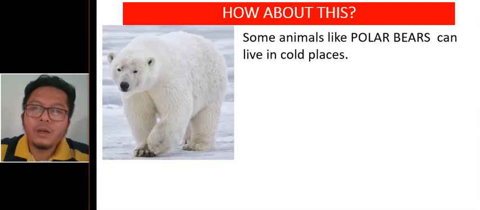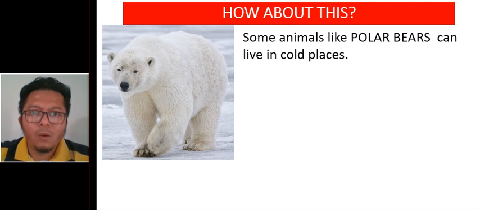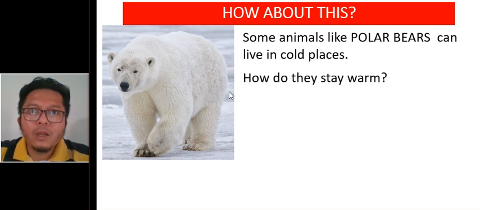How about this? Some animals like polar bears can live in cold places. How come? Cold places like the Arctic. Here is the picture, it is ice. Everything is ice. They can live there. How do they stay warm?